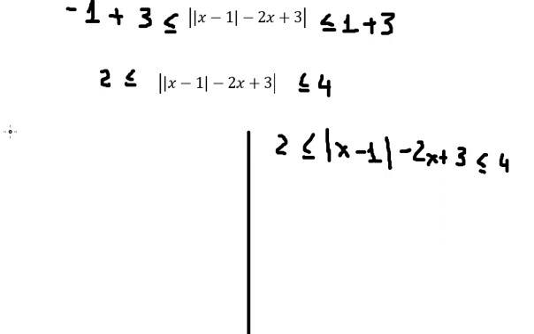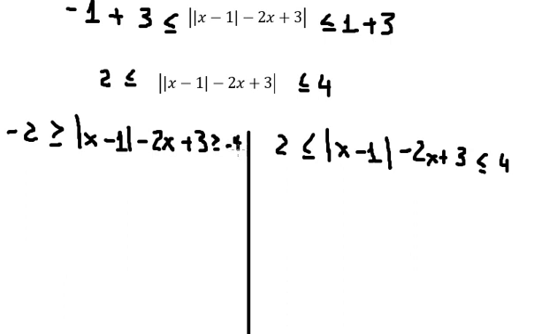So in this case, they will go like this. Because the negative, when we put inside the absolute value, they will become the positive number in here. But this one, negative number 2 is bigger than negative number 4. That's why we need to change the sign in here.